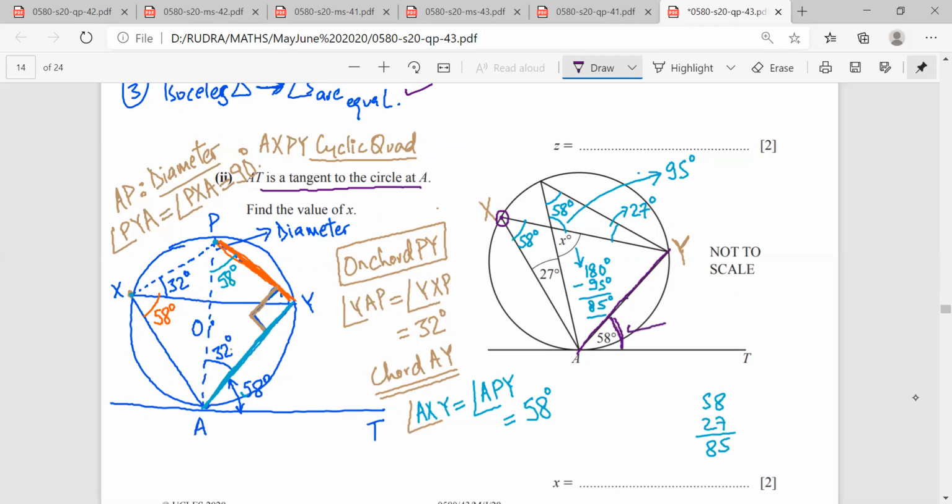So if this is 58 degrees, then this angle would be 58 degrees. Is there any doubt? No, sir.